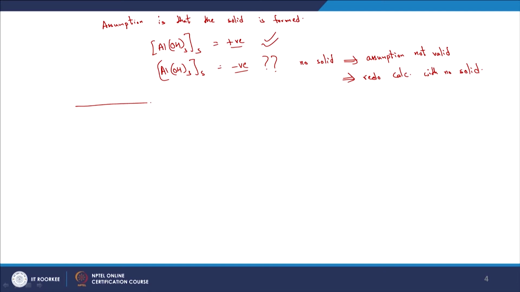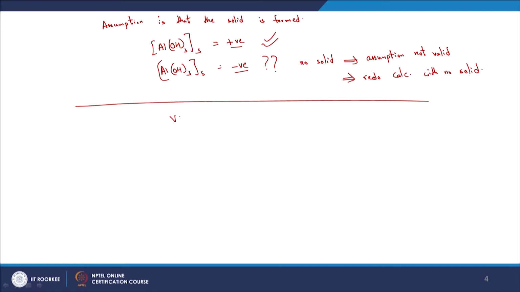If it is a positive value, then precipitation has occurred. But if it is a negative value, you need to understand that there is no precipitation, and so you need to redo the calculations, removing your solid term and just solving for your aqueous phase species. That is how you can go about it.